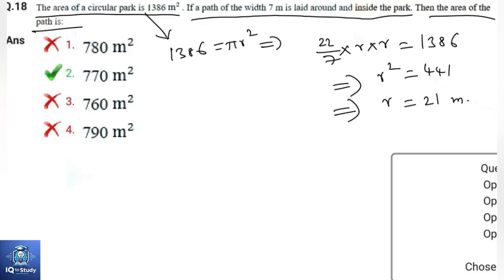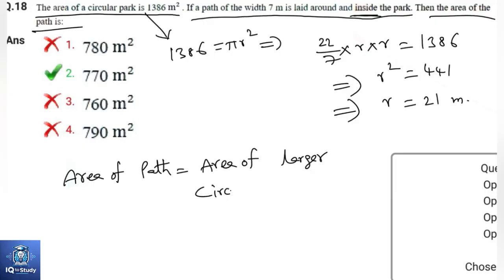We have to find the area of path. According to the question, a path of width 7 meters is laid around and inside the park. So, area of path becomes area of larger circular park minus area of smaller circular park.